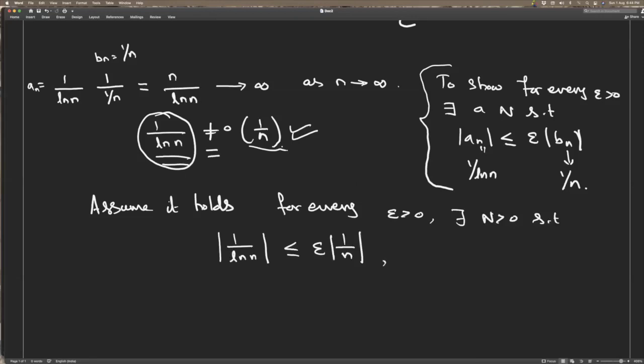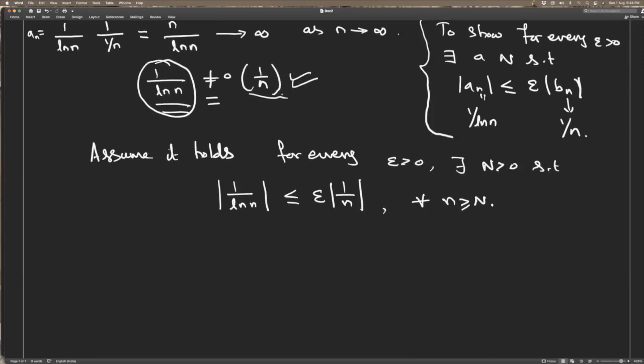Well, I need not put modulus, for all n greater than or equal to capital N. So if I assume that 1 by log n is small o of 1 by n, then this should happen. That means what? n should be less than or equal to epsilon times log n, right? Now, if that holds, then n by log n should be less than or equal to epsilon.